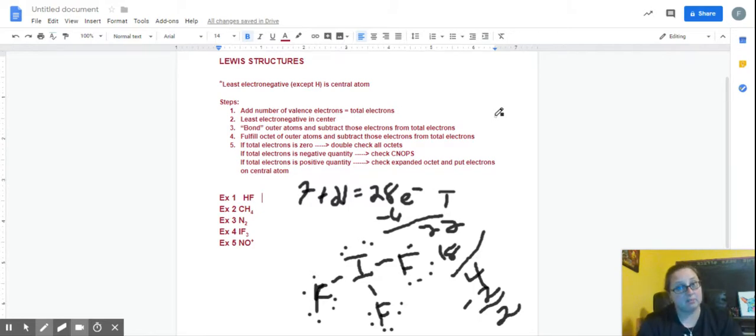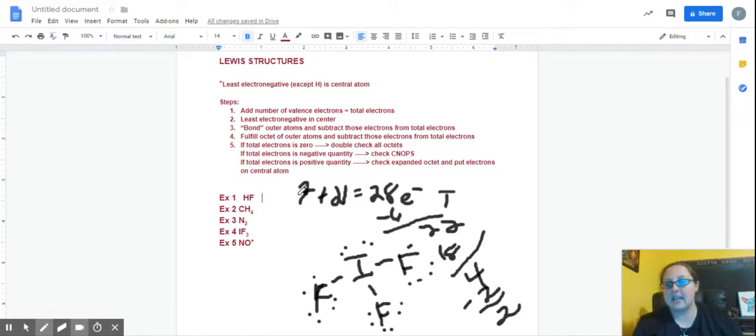That's where you put them, because that central atom can have an expanded octet. So iodine actually has 2, 4, 6, 8, 10 surrounding itself, which is called an expanded octet. And that's okay, because iodine is in the 3rd energy level down on the periodic table. He has room for more. Okay, so this is how you do an expanded octet question.